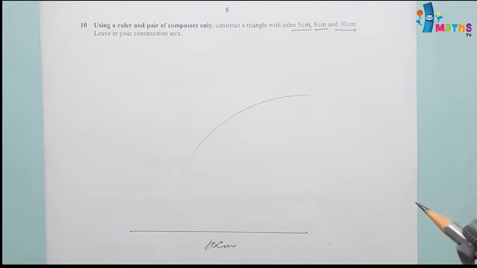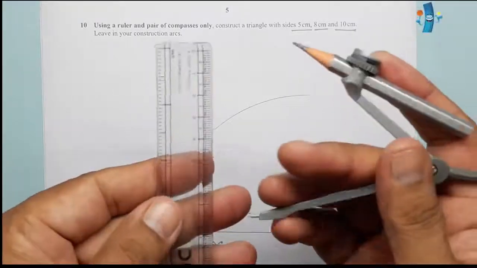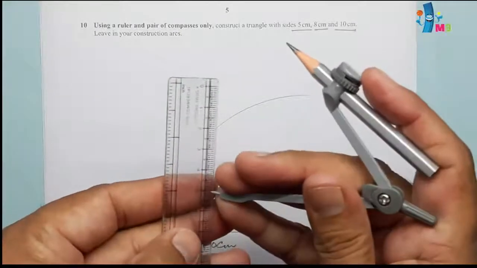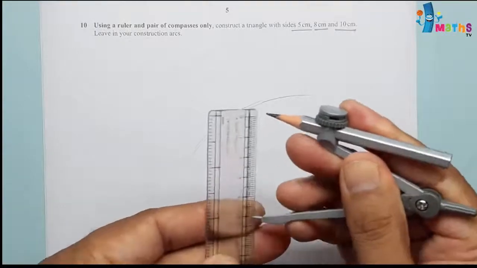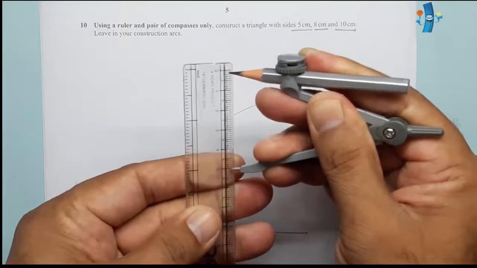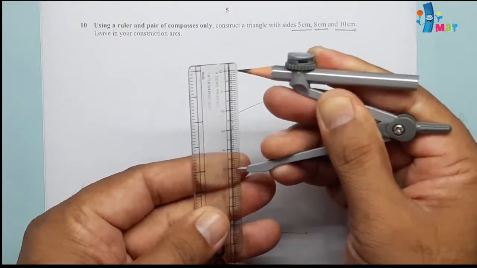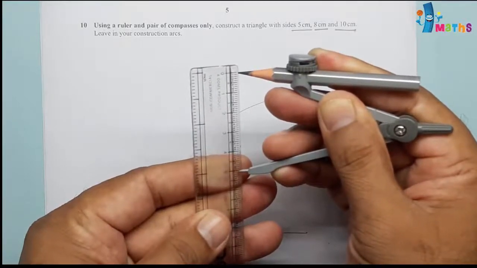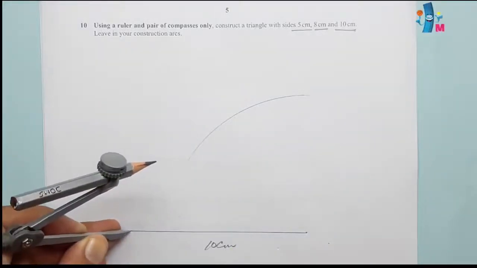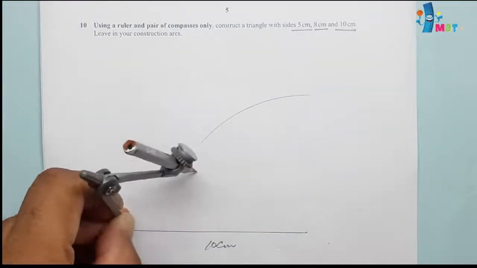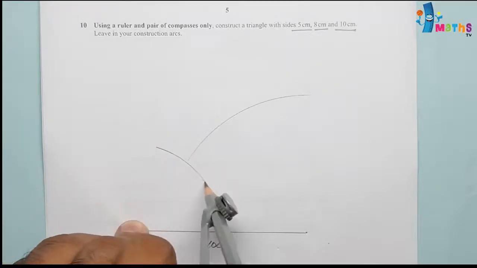Then 5 centimeter, we'll have to readjust it to 5 centimeter. So this will be 5 centimeter, and we'll put on the other side and we'll intersect the arc.